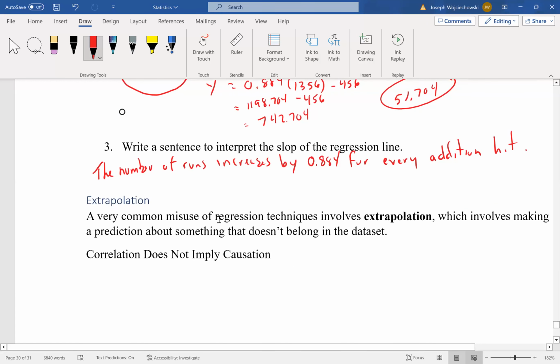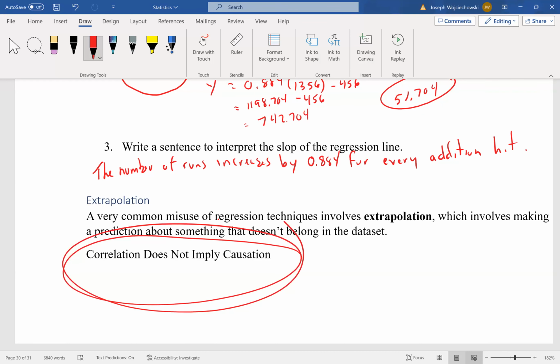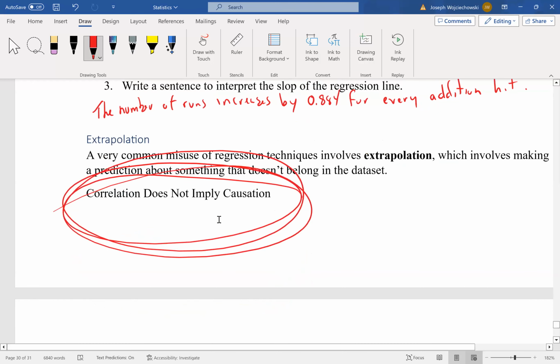That brings us to a very common misuse of regression, which involves making a prediction about something that doesn't belong in the data set. So here's the biggie. Correlation does not imply causation.